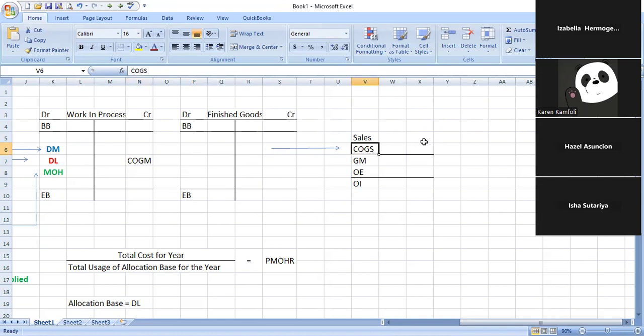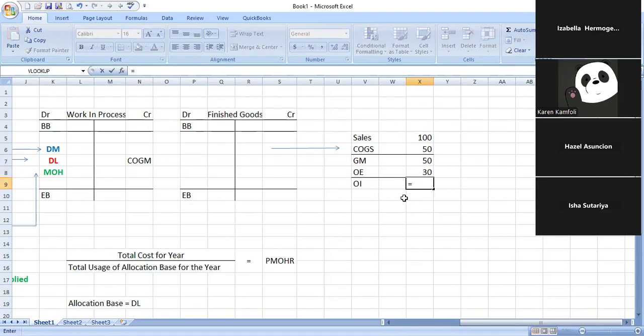Then it's going to be cost of goods sold. Let's say my sales price is 100. My cost of goods sold, let's say, is 50. My gross margin in this case is 100 minus 50, that will be 50. Now the question is, how much is my operating expense? Let's say my operating expense is 30.